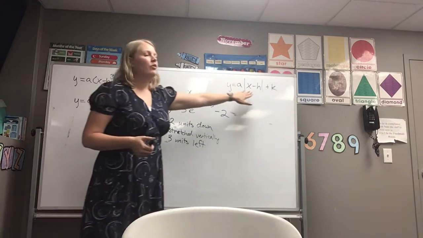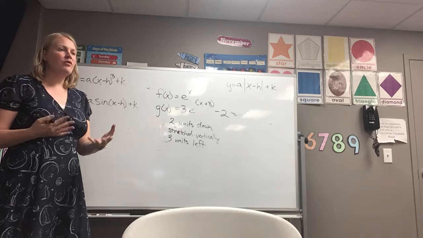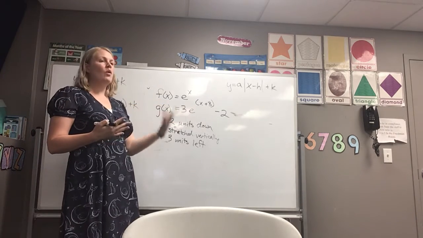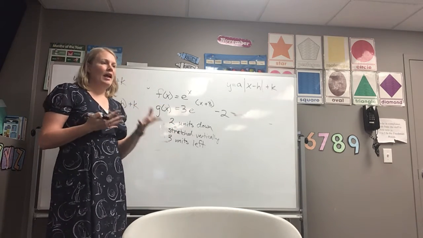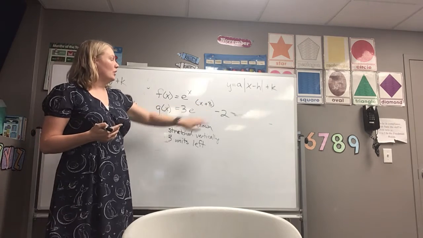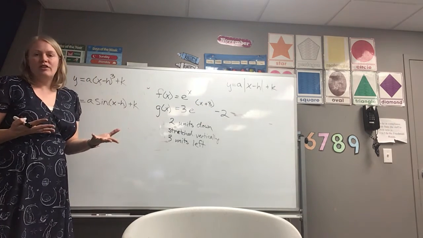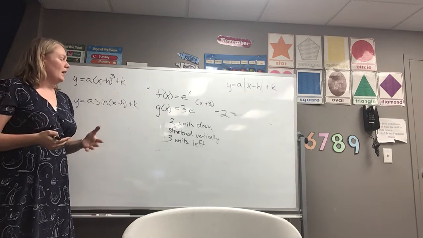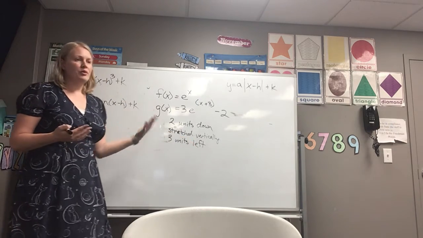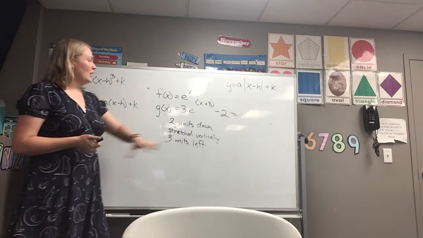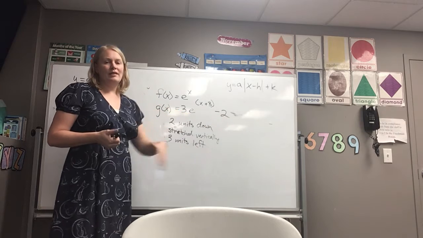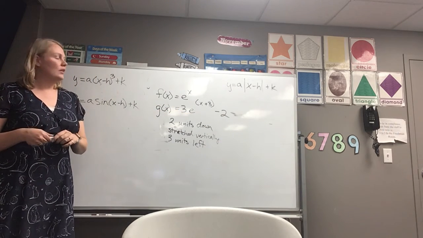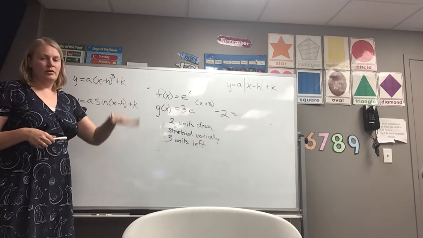If you change it before the absolute value, before the square root, before the exponent. Anytime you change x before the operation that is the function, it will cause a left or right shift. And anytime you tack on the number at the very end, that causes the up or down shift.